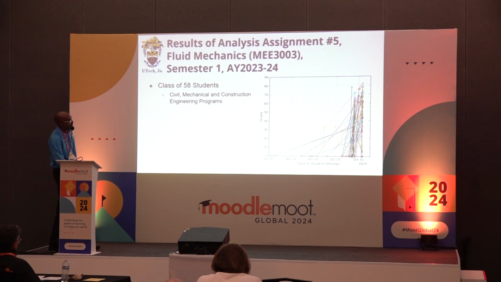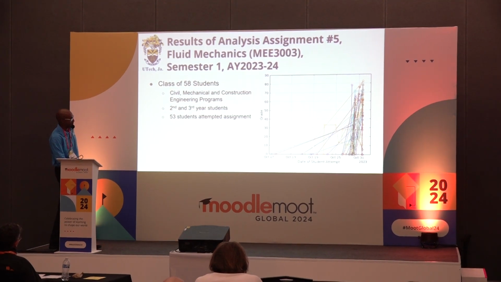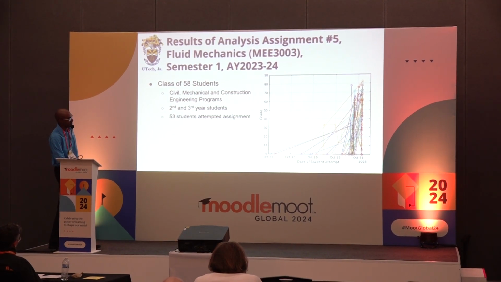And these circles here at 0 represent when the student accessed the assignment. Even though it was available for about 3 weeks, typical students, if you count these circles, only about 12 of the 53 students looked at the assignment for the first 2 weeks.